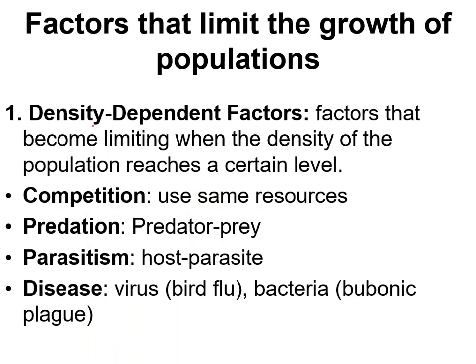All right, last two things, factors that limit the growth of populations. There are two types. The first is density dependent, and density dependent factors are basically biotic factors, usually the interaction between organisms. So this includes competition, predation, parasitism, disease. Basically, it depends on how densely your individuals are packed together, right?